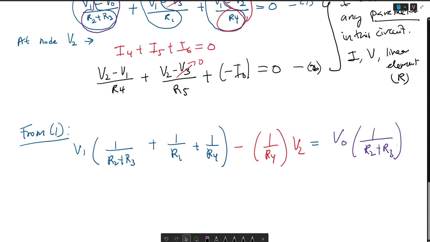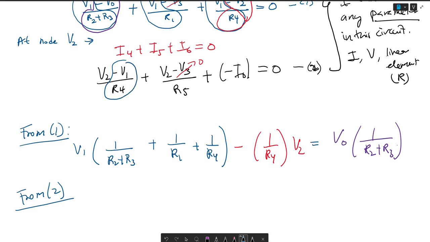And then we could say that from node 2, I'm going to start again with V1. So V1 is right here. And we could say this is minus 1 over R4 V1 plus, change to red, V2 starts off with an R4.